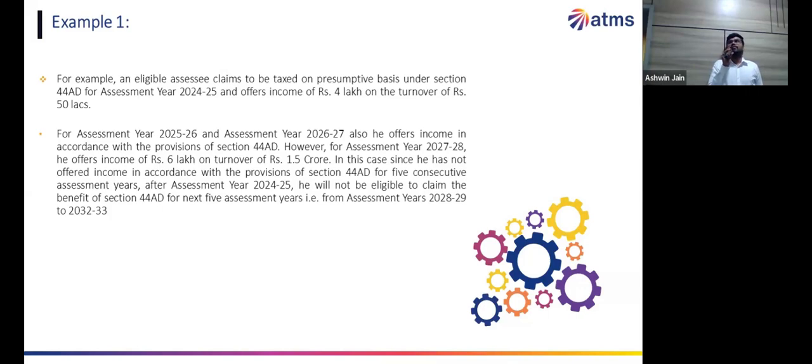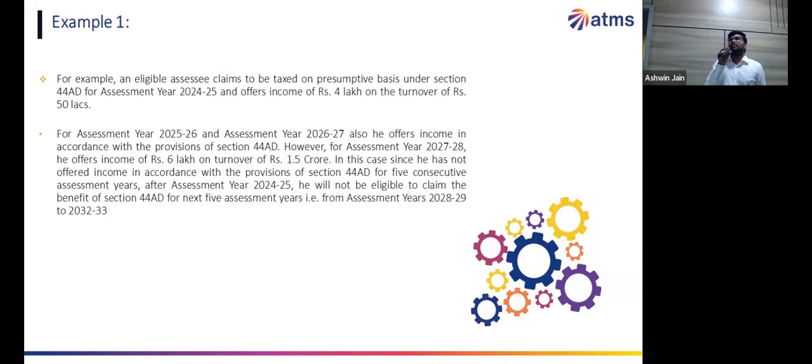However, in assessment year 27-28 all of a sudden our income goes to 6 lakh rupees on the turnover of 1.5 crore, so it is no longer 8%. In this case, since the assessee has not offered income in accordance with section 44AD, we took it in 24-25, also in 25-26 and 26-27, and in 27-28 our income is less than what is stated in 44AD, showing 6 lakh on a 1.5 crore turnover.